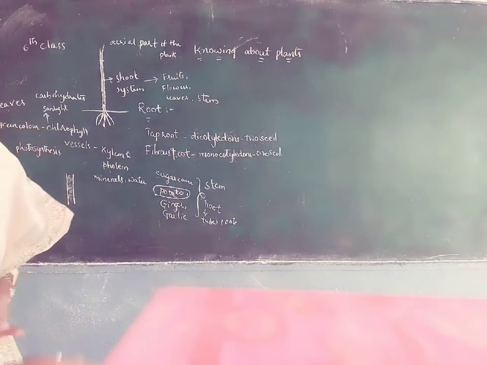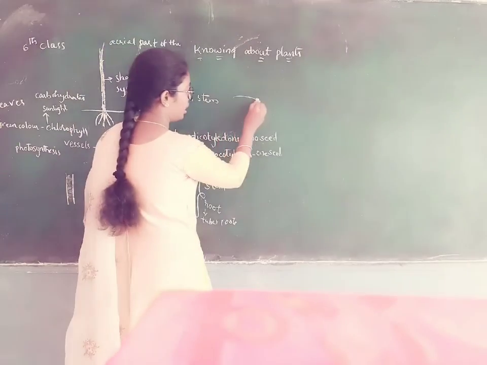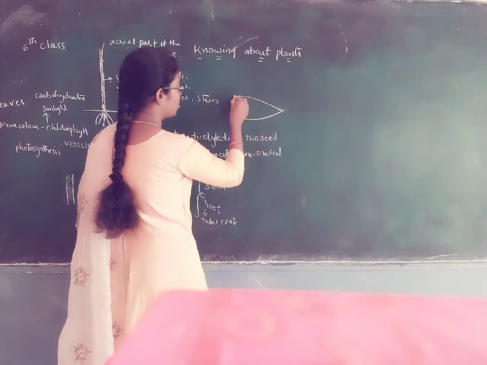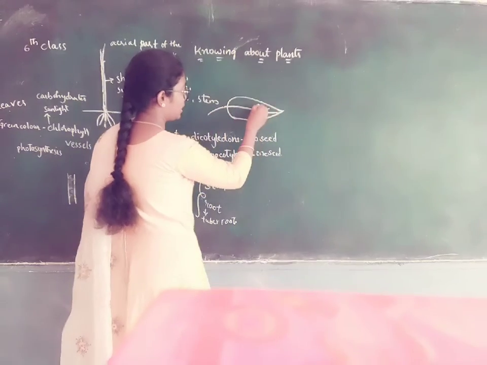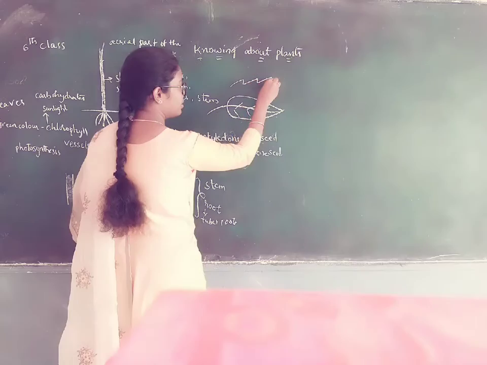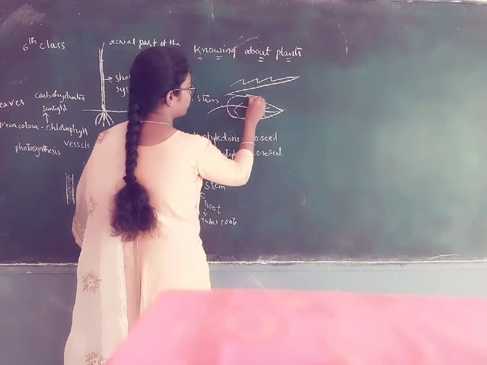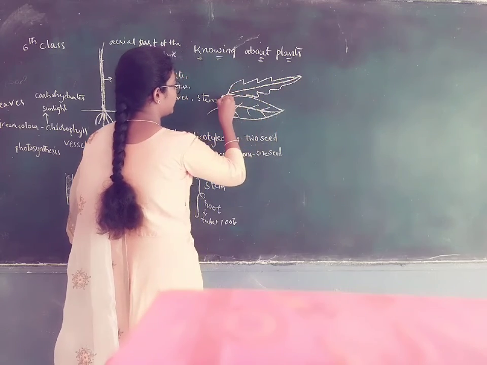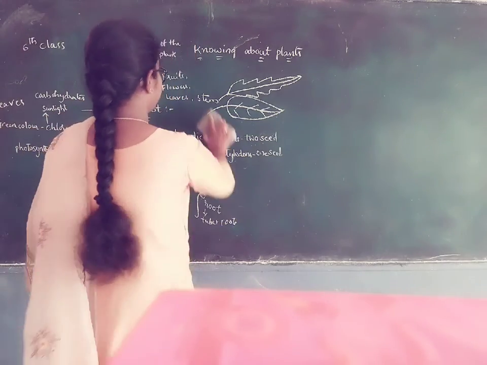We will see different kinds of leaves. Some will be scaly, that means in the margin they will appear like this. Some are just like thorns. So we will see different kinds of leaves for different plants.